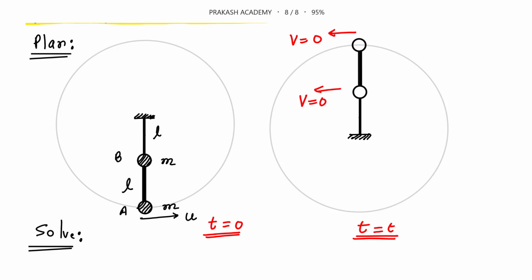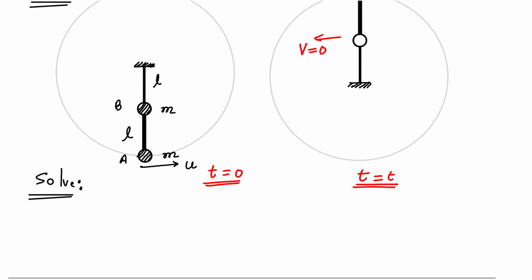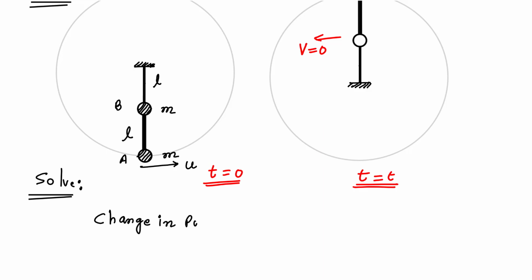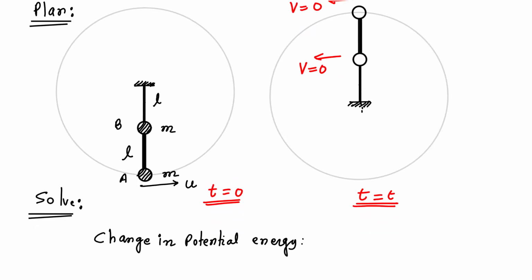Now what is the initial kinetic energy, what is the change in kinetic energy and what is the change in potential energy? Let us first find the change in potential energy. Initially your dumbbell was here, and finally it is here.